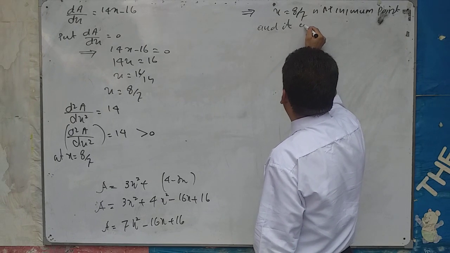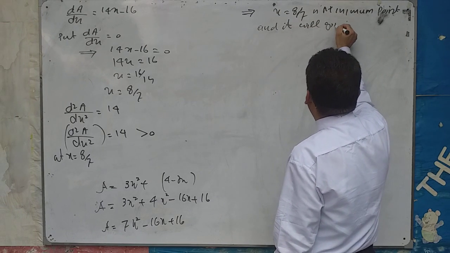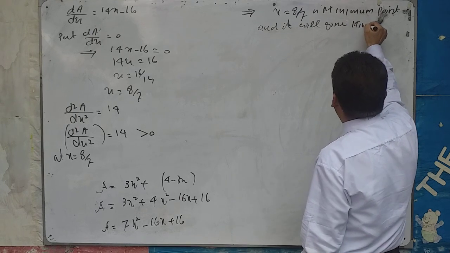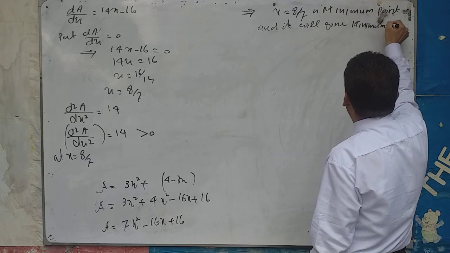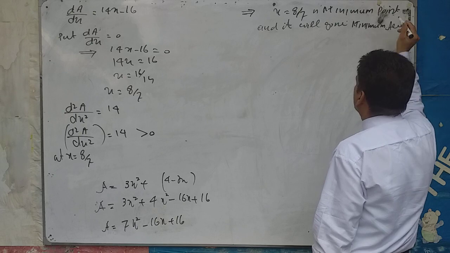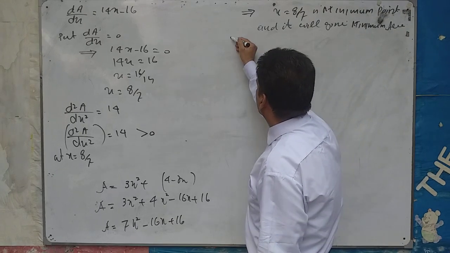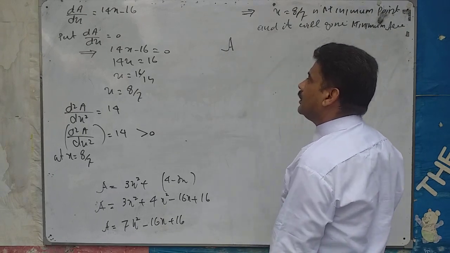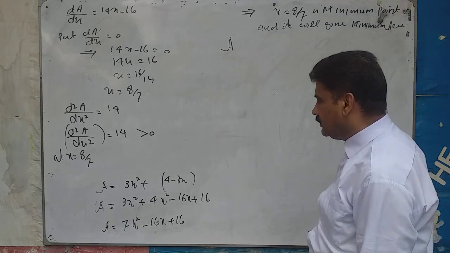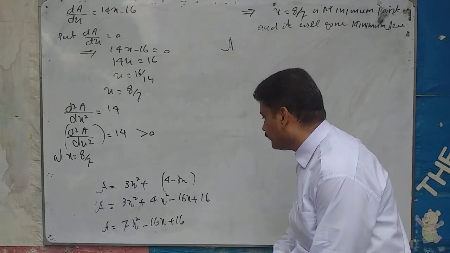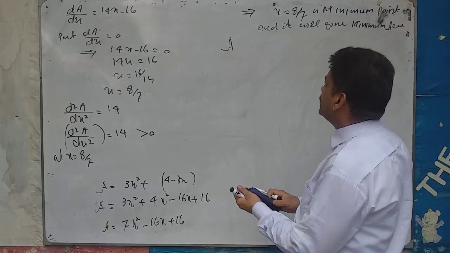And minimum area is obtained by putting the value of x in this relation.